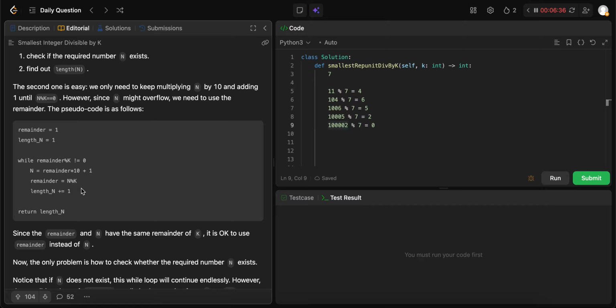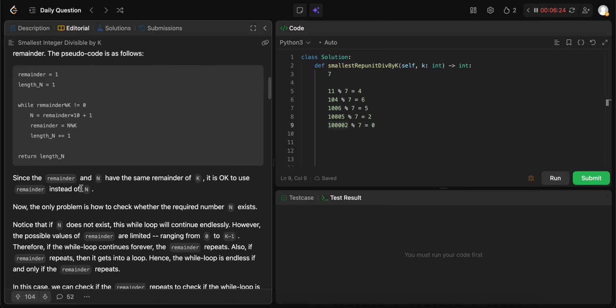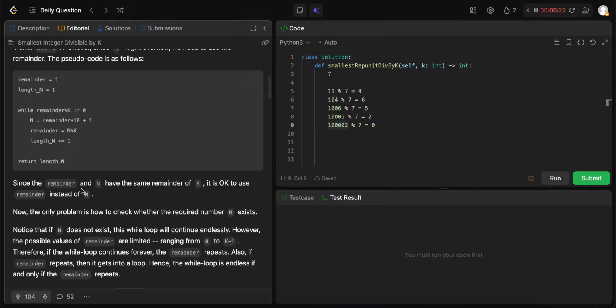While the remainder mod k is not equal to 0, n is equal to remainder times 10 plus 1. I'm having trouble understanding that. Since the remainder and n have the same remainder of k, it's okay to use remainder instead of n.